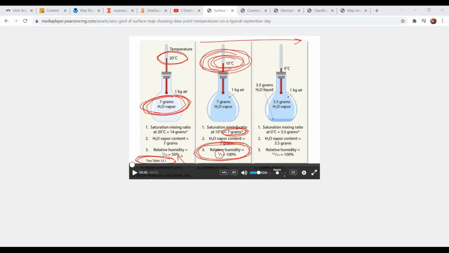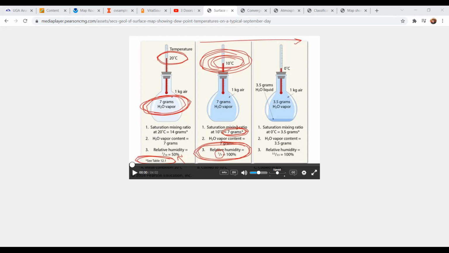The water will evaporate, and so those water molecules are going to leave the liquid water and go up into the air as water vapor. As that happens, we get a pressure that starts to build up in the air.